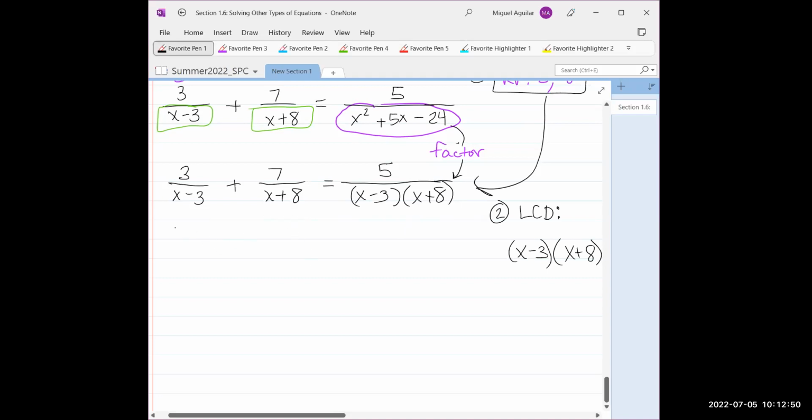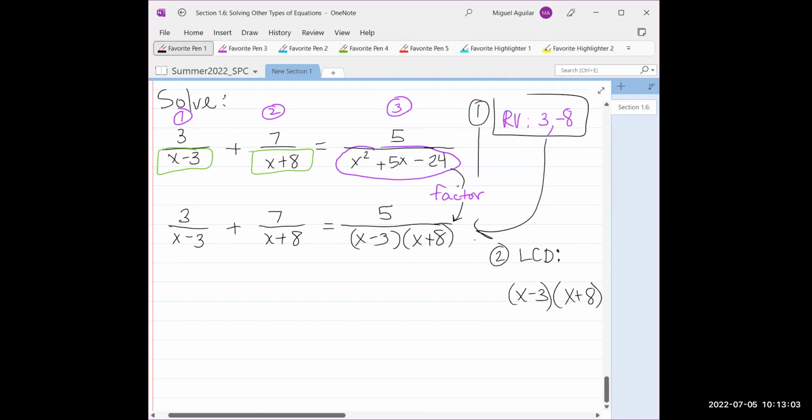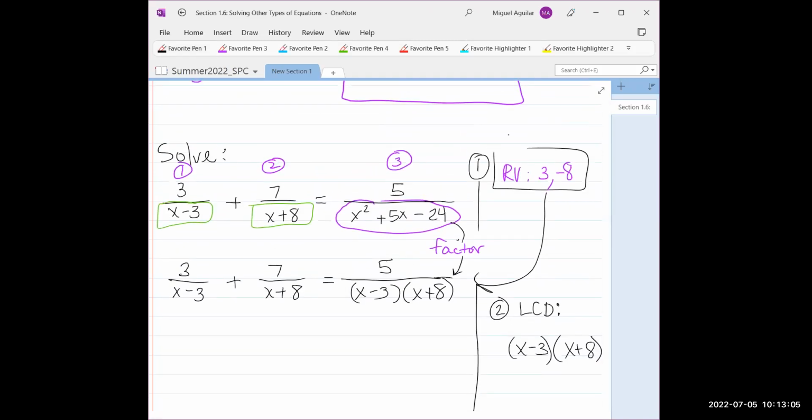We just need to write down and multiply together, using air quotes here, x minus 3 and x plus 8, and that's going to be your LCD. I'm going to put a little wall here. This is my scratch work.